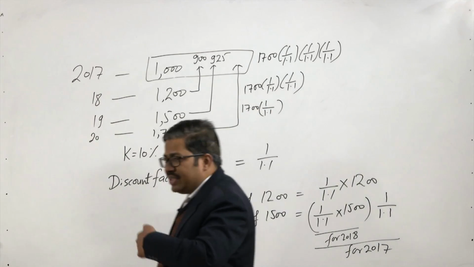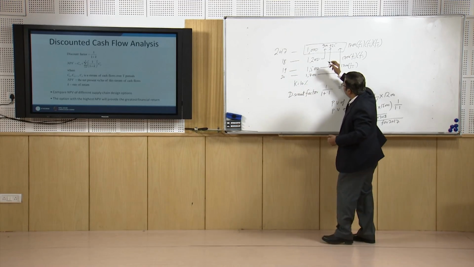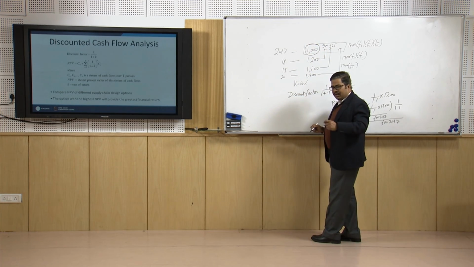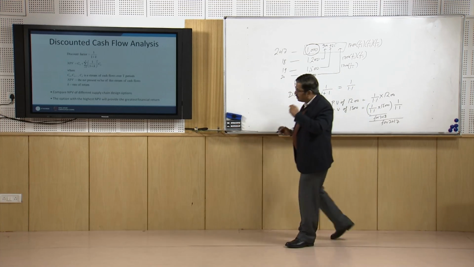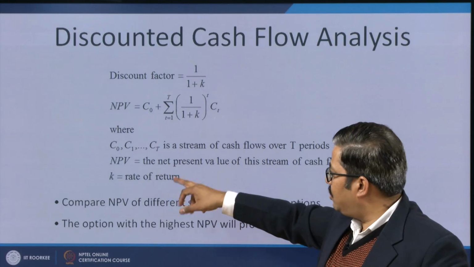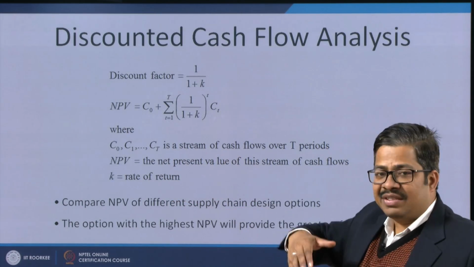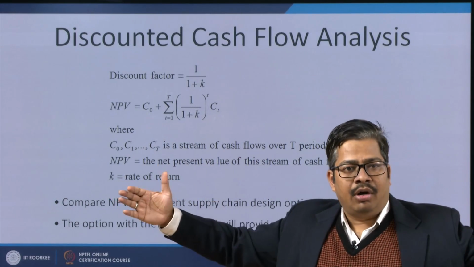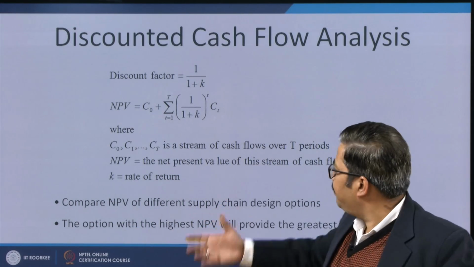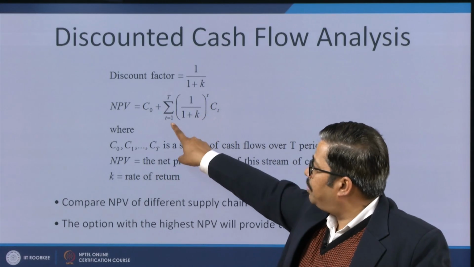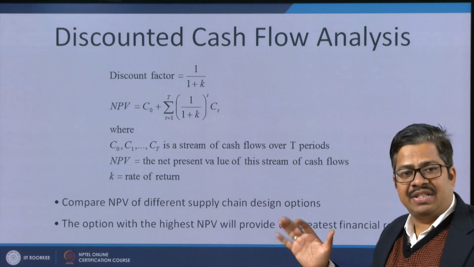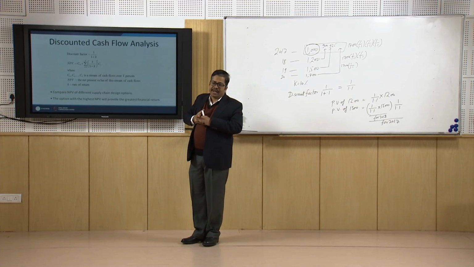So the generalized way of putting this formula is the cash flow for the original period, the period of starting, that is C naught, and then C1, C2 up to CT is the stream for all the periods 2018, 2019, 2020, etc., and sum total of that from T equals 1 to capital T. So this will become my net present value, the formula for calculation of net present value.